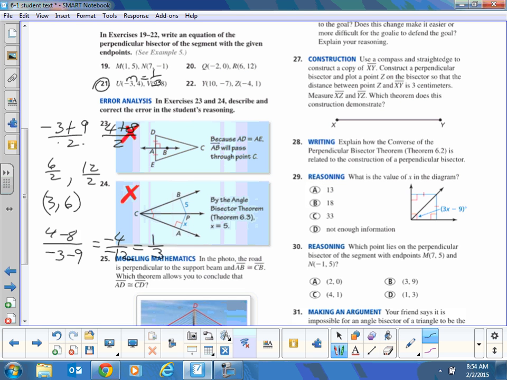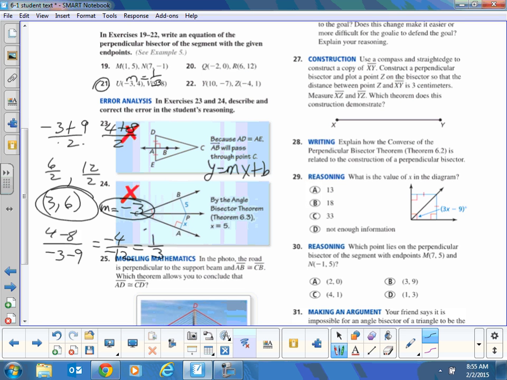So what slope am I going to use? Here's the slope I have. I want the negative reciprocal of it. Negative 3. Good. So I'll just put it down like that. So now I'm ready to write my equation using y equals mx plus b.